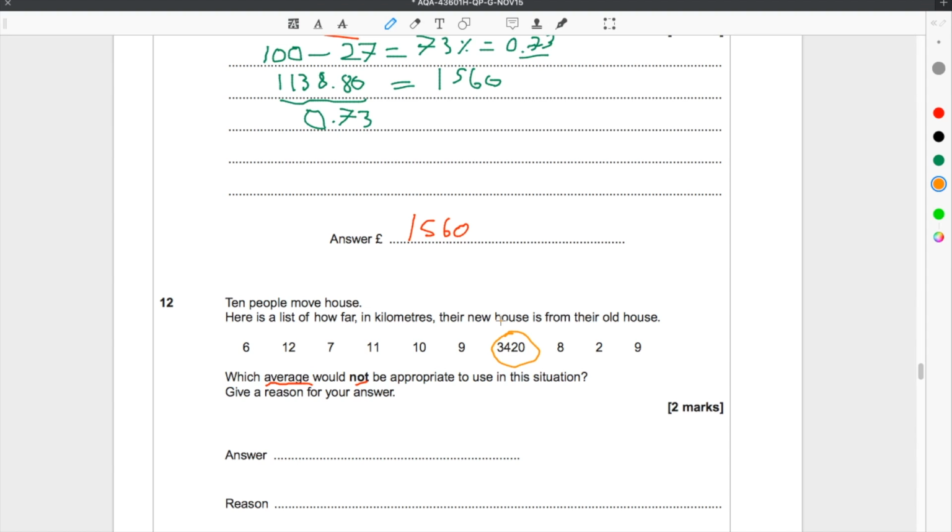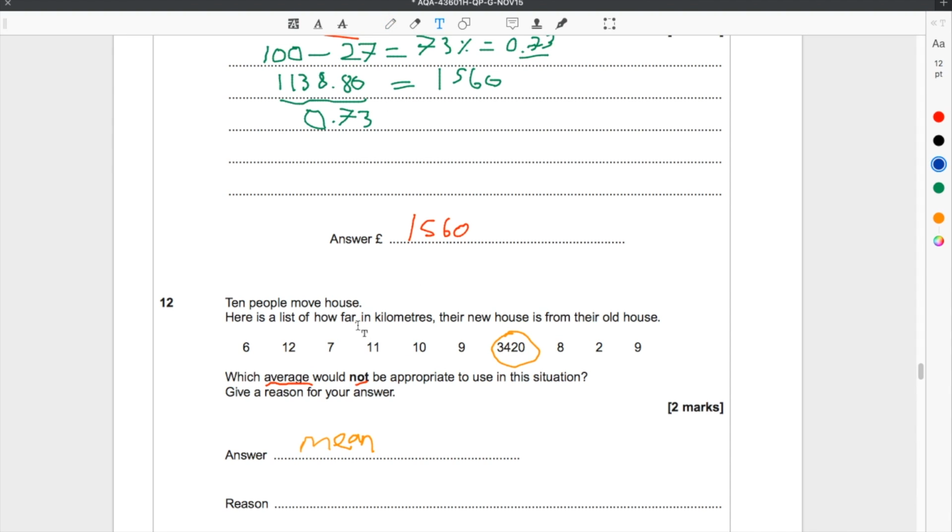This is what we call an anomaly in physics, and in any other science you will see this. So in other words, we don't want to be using this in our calculation because it's too high compared with the other values. It's going to give us an average which is not accurate. So the average we wouldn't use here is the mean.